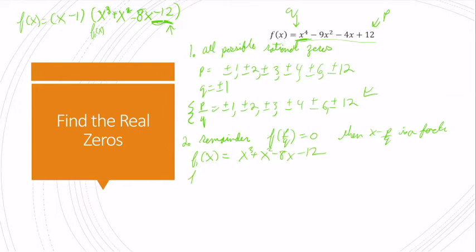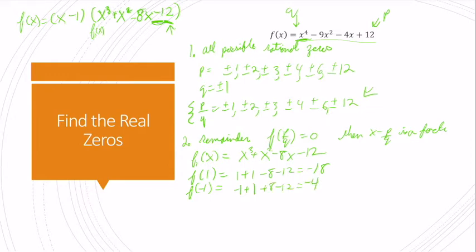So f of 1 is 1 plus 1 minus 8 minus 12, which is negative 18, not cool. f of negative 1 gives me negative 1 cubed, which is negative 1, plus 1, plus 8 minus 12, well, I still get a negative 4.